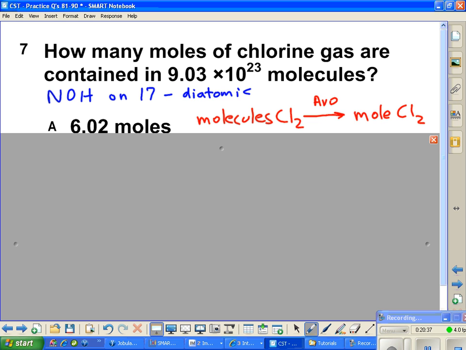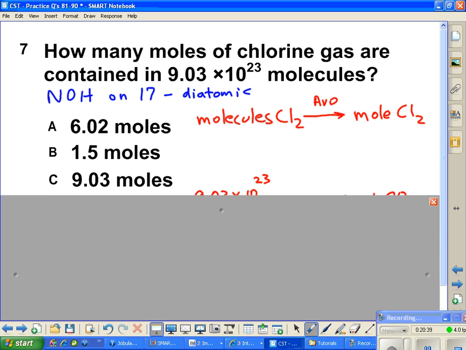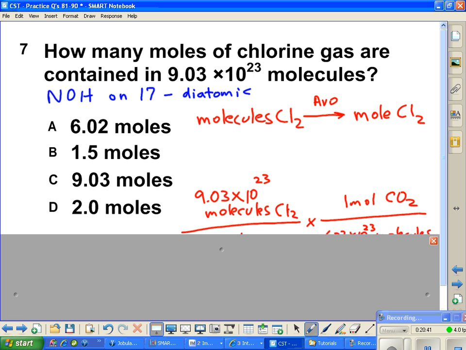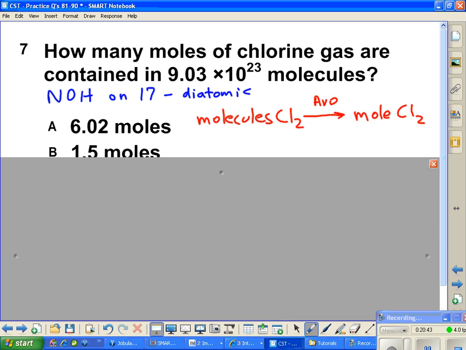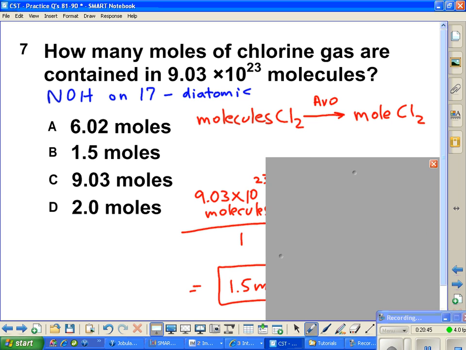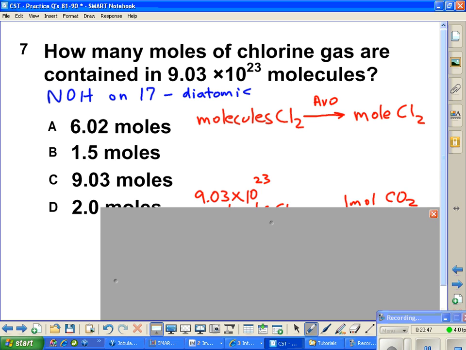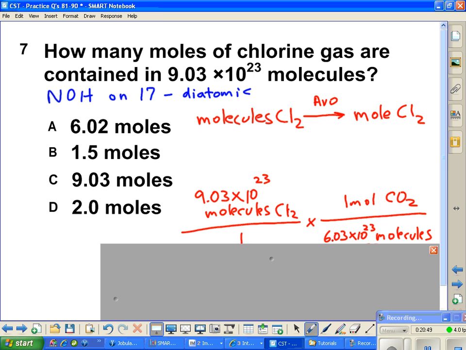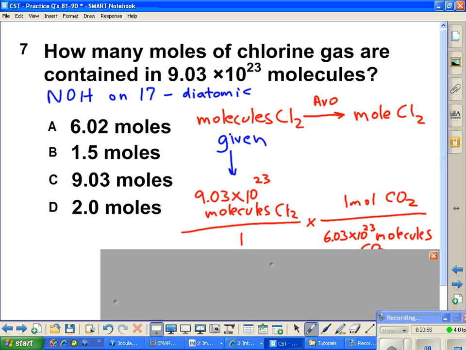Okay, so let's go down. Let's start with the given. Okay, and let's see how this works out. This little guy is our given, and that came from right here.